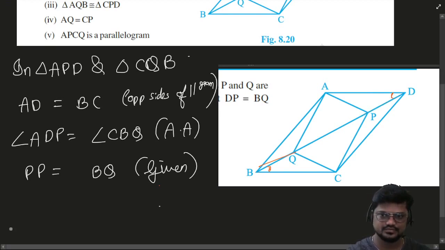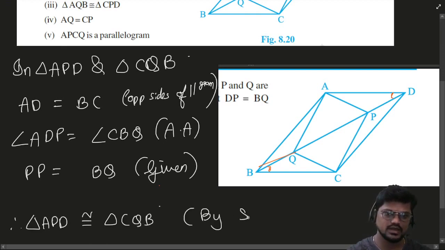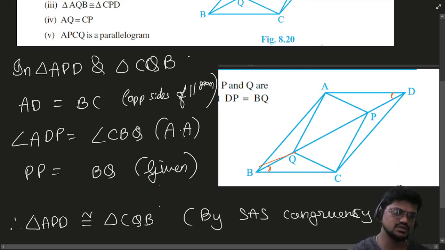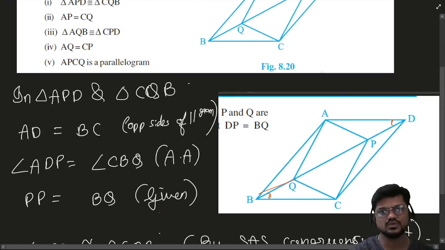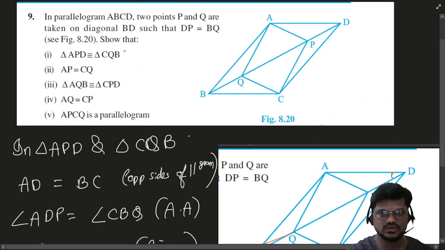Therefore, triangle APD is congruent to triangle CQB by the SAS congruency test. Clear? So the first one is done.